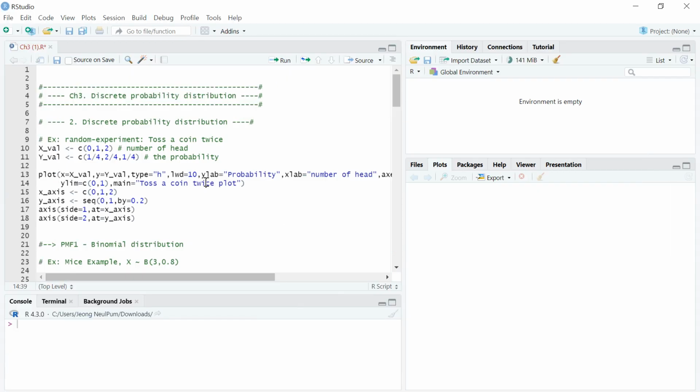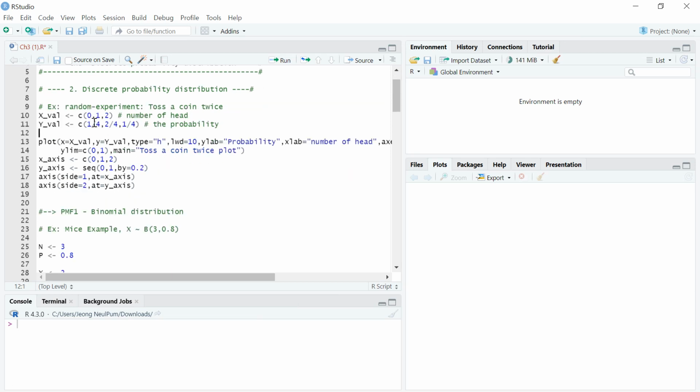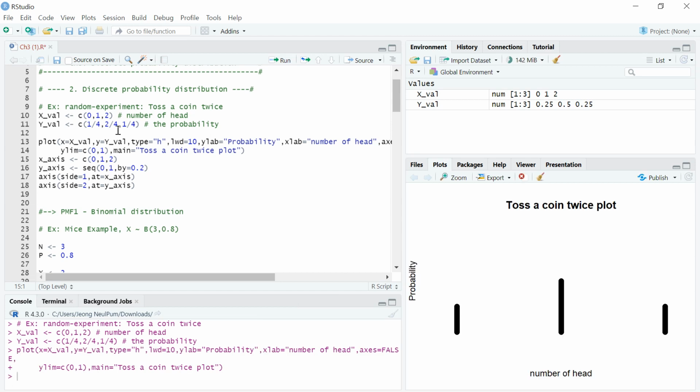In the first part of chapter 3, our file has the R command for visualizing the discrete random variable. After storing our own vector, which is an event x and each probability along with the x value, we can just plot each value here.